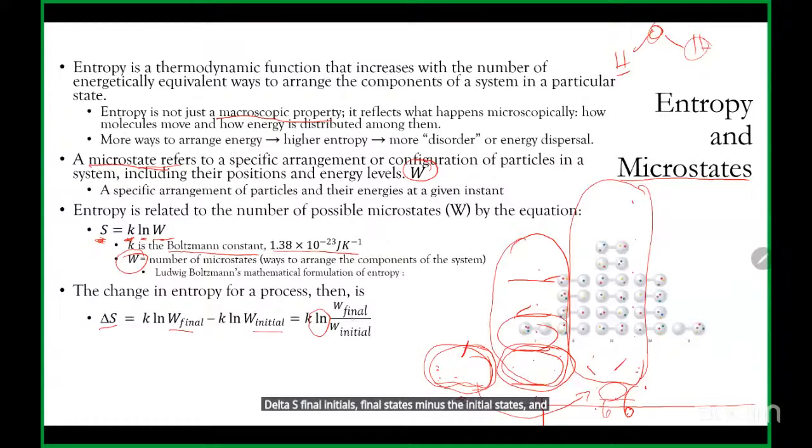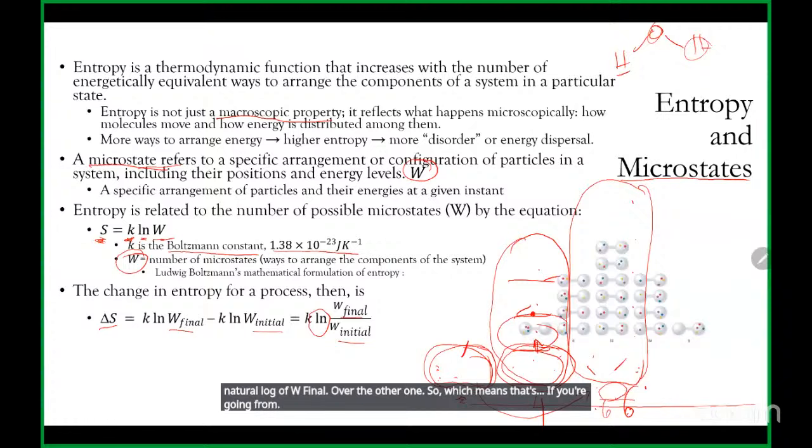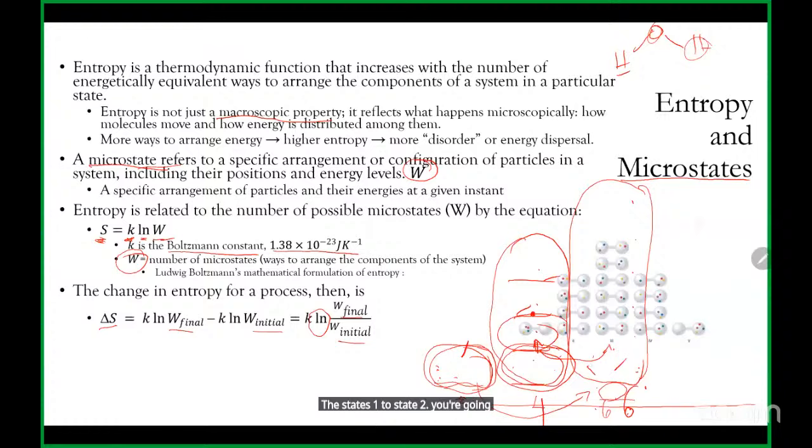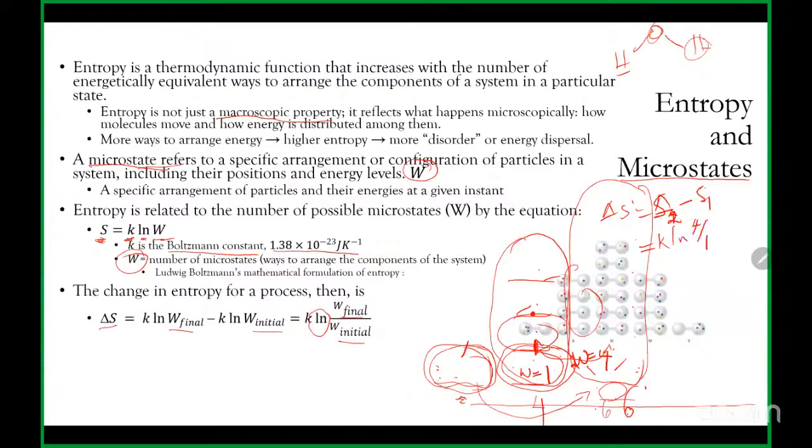And if we use the law of logarithm, it's k natural log of W final over W initial. So if we are going from state 1, which has W equal to 1, to state 2, which has W equal to 4, delta S for that process will simply be k ln 4 over 1.